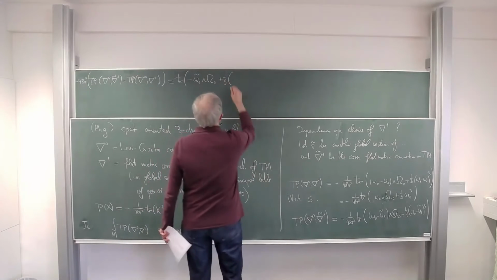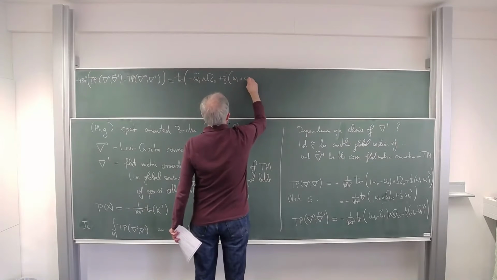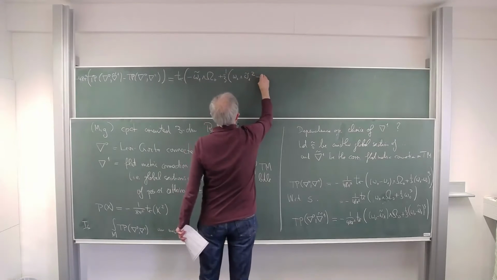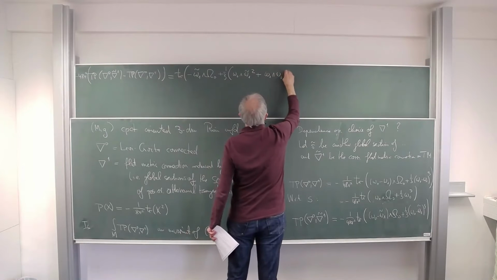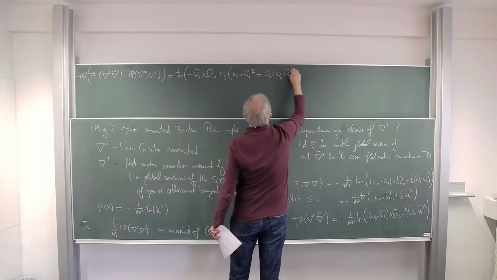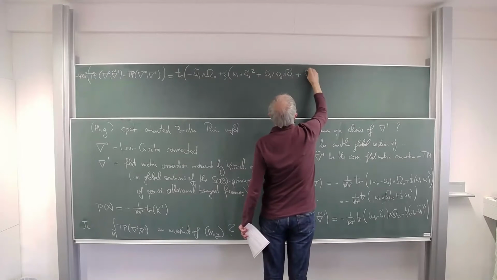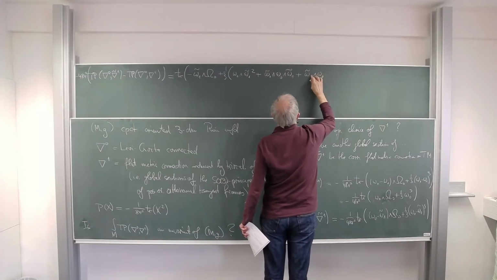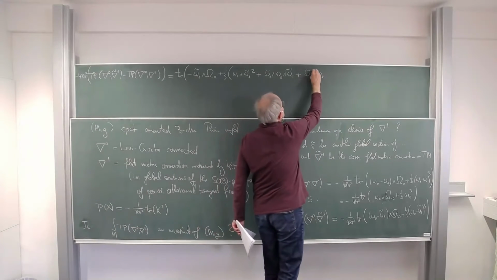Now I have omega 0 wedge omega 0 wedge omega 1 tilde, but I also have omega 0 wedge omega 1 tilde wedge omega 0, and another term, namely omega 1 tilde wedge omega 0 squared. So those are the remaining terms here.